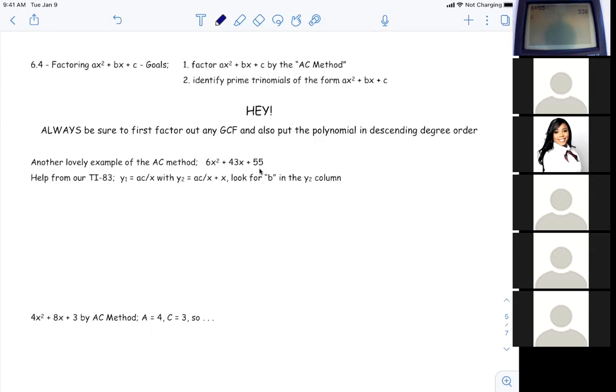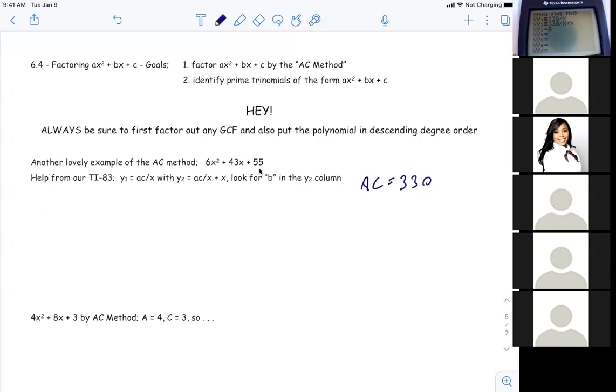The AC number, that's 330. So AC is 330. So my first equation will be 330 divided by x. And my second equation will be 330 divided by x, plus x.